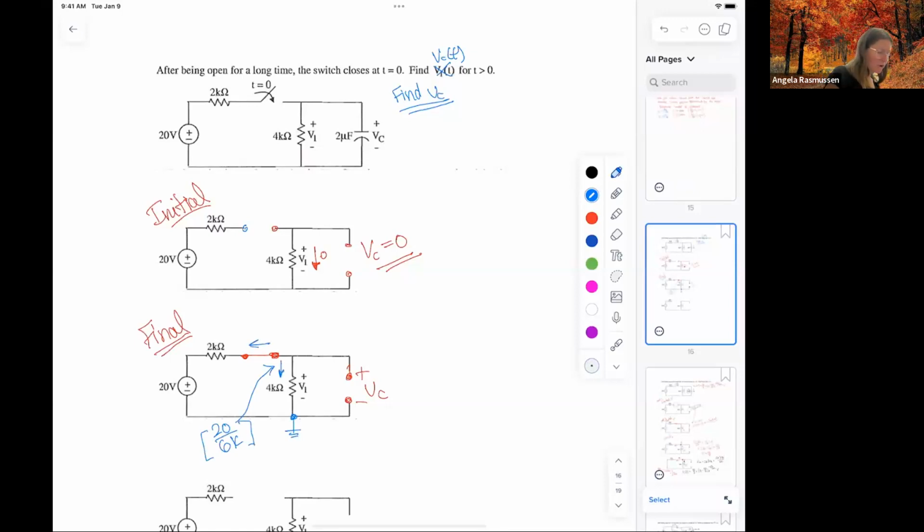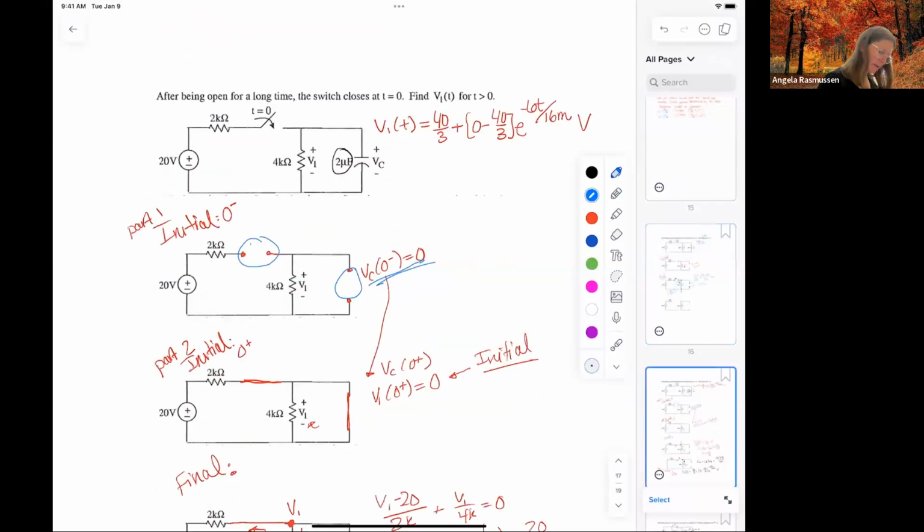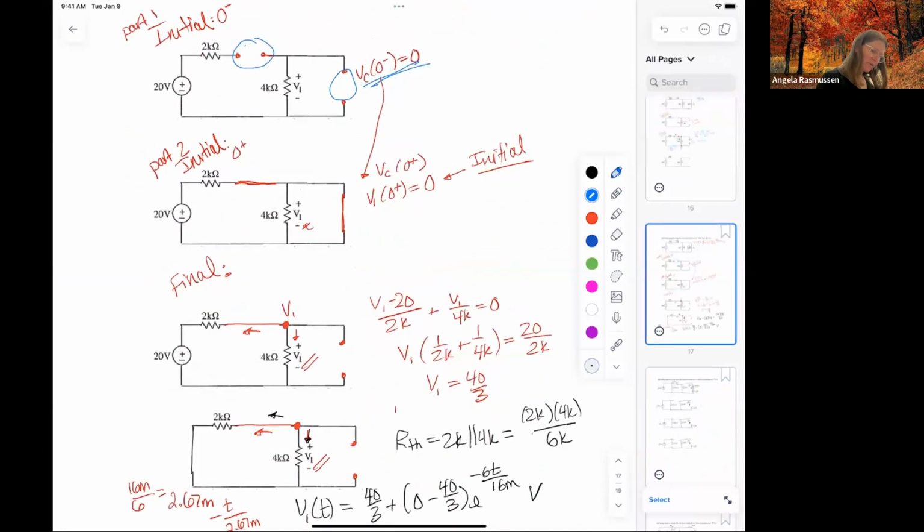I put the ground there, so this would be V1. My equation would be V1 over 4K, or V1 minus 0. Again, it's minus anything in the branch. And then the other one is V1 minus 20 over 2K. And then V1 is going to equal VC. That ended up being 40 over 3.